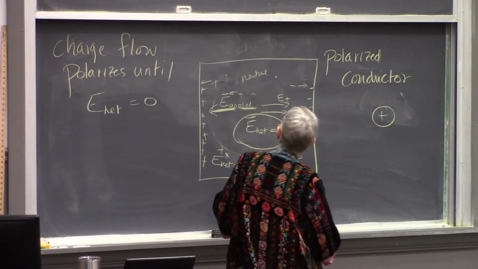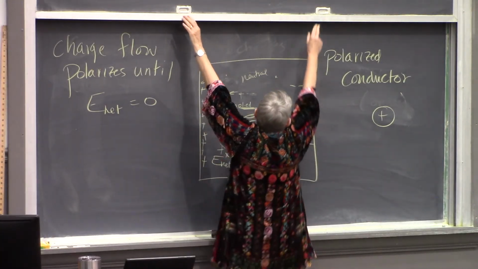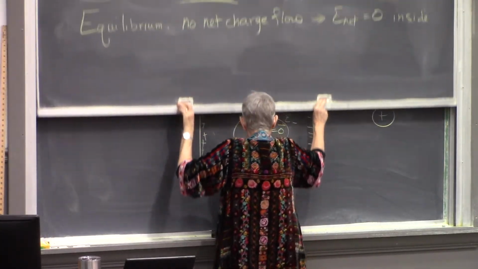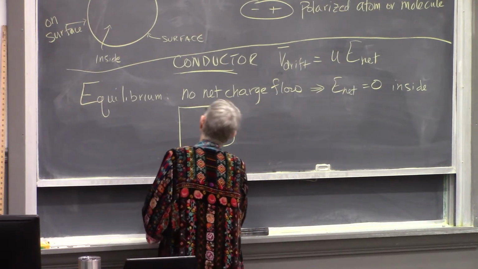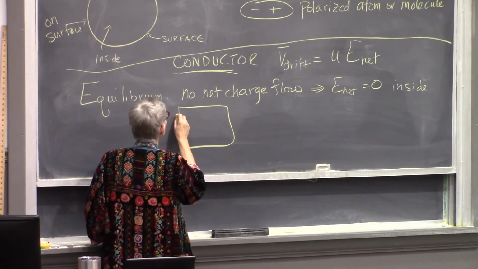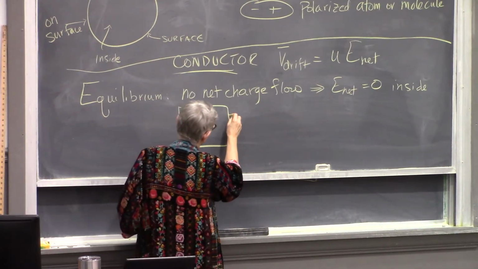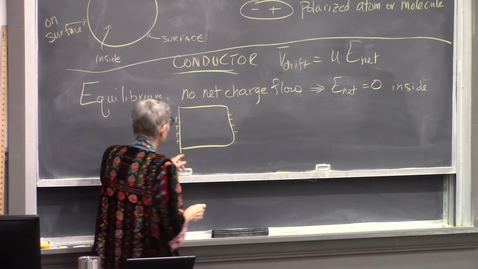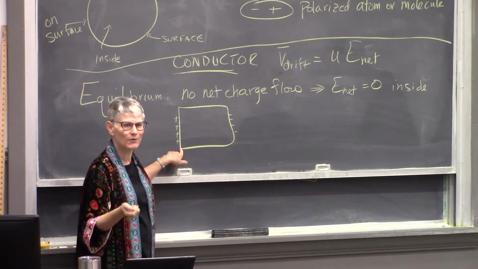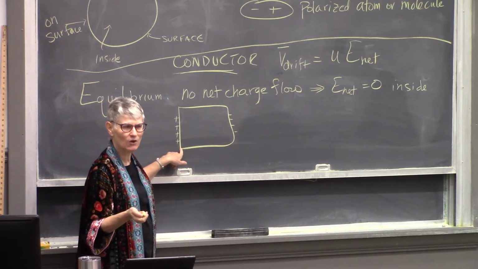Now, there's a diagrammatic convention here. So here's our conductor. I'm actually going to draw these excess charges just outside the boundary. This is the surface of the water, basically, that I'm talking about.